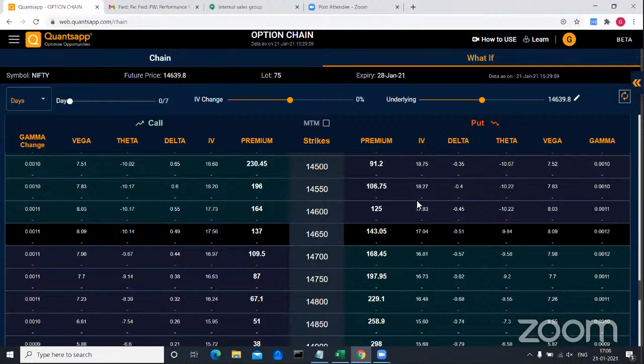We'll look into why. This is not a concrete rule always, but because of the direct relationship between them, as buyers we always look for volatility to rise, which will help the option premium to gain.